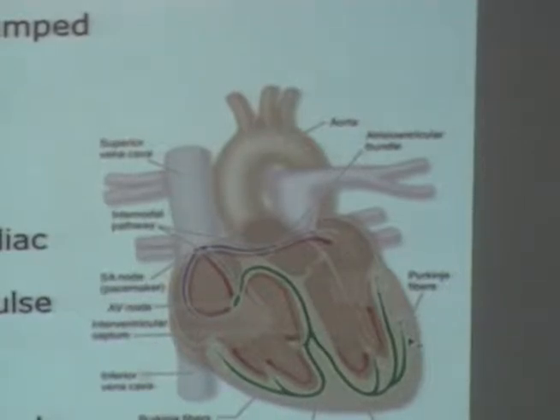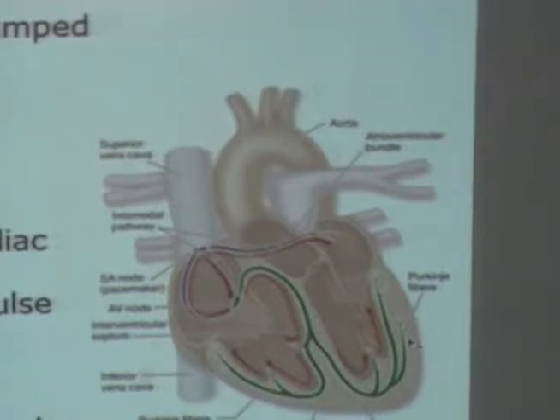Okay? So that means that there has to be something else influencing heart rate. So the SA node is the intrinsic control of heartbeat, about 100 beats per minute. But we also have some external influences.